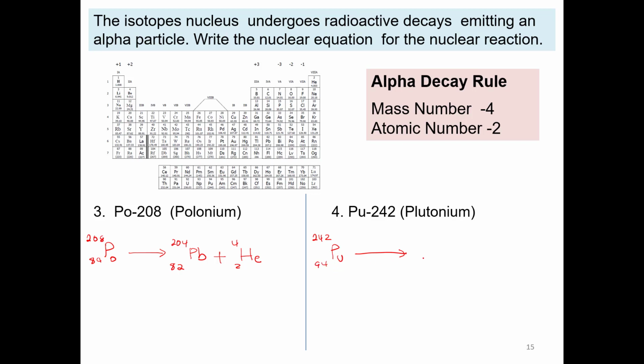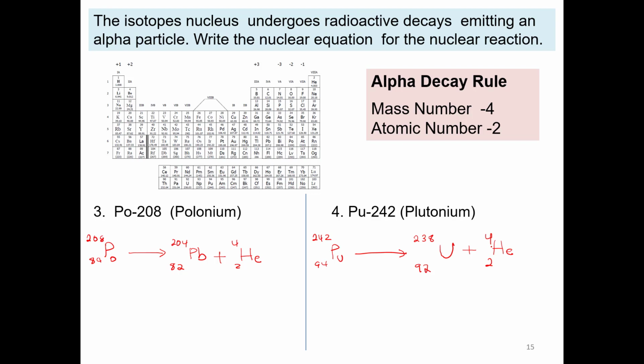And the new isotope will have an atomic number of 92 minus 2, because it's reduced by 2, so we will have 92 here. And the mass number will be reduced by 4, so it will be 238. And we need to check that 92 corresponds to uranium. And we will have here also an alpha particle, because this is the way it becomes more stable. It releases an alpha particle and then the plutonium decays into uranium.